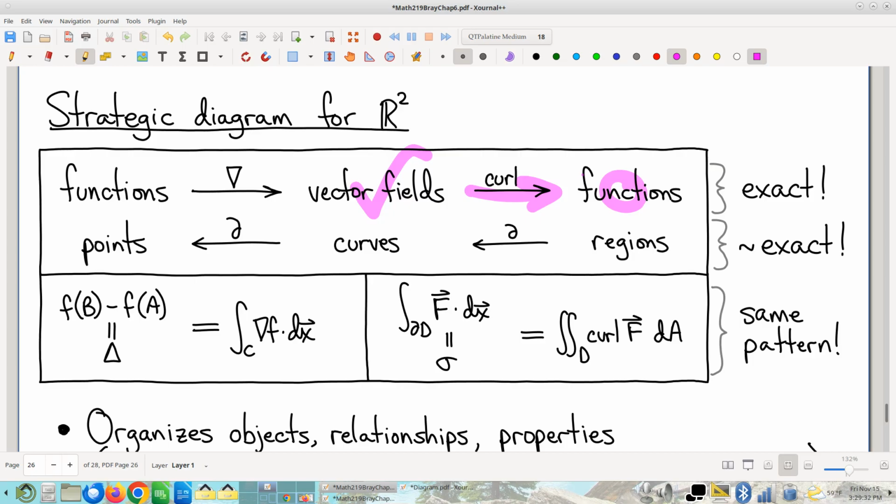But from a lifetimes point of view, the reason that there has to be one is that if there were no anti-gradient, if there were no function whose gradient is that vector field, then that would suggest this is where the vector field was born, and then it immediately dies, right? And that would be a lifetime of 1, and that's not how it works, right? Everything has a lifetime of 2, with the exception of the constant valued functions on the far left, and that's the one little counterexample.